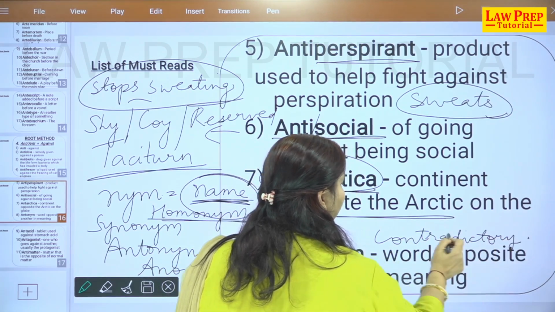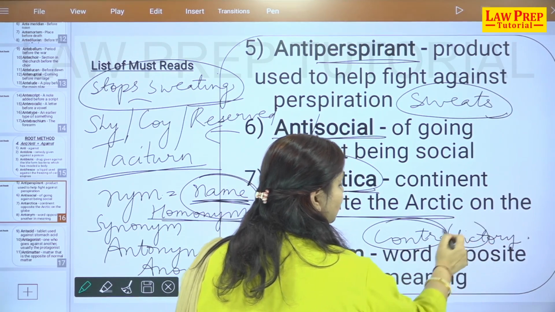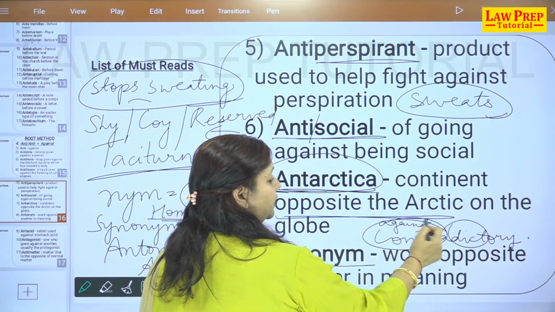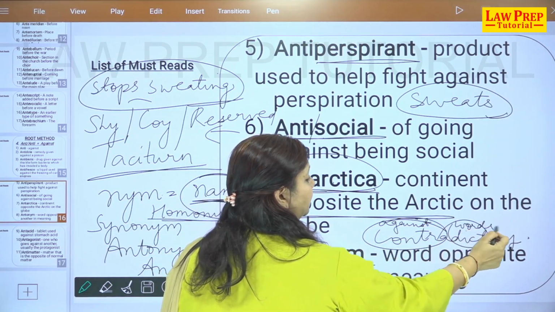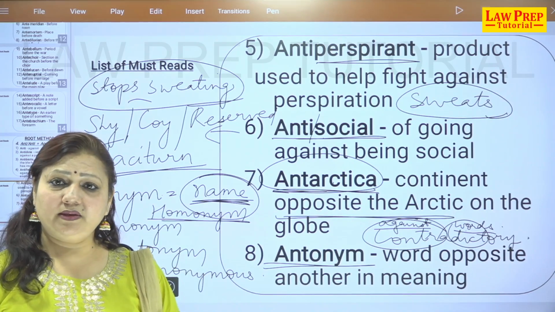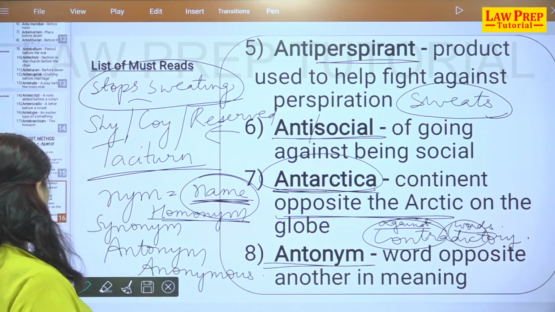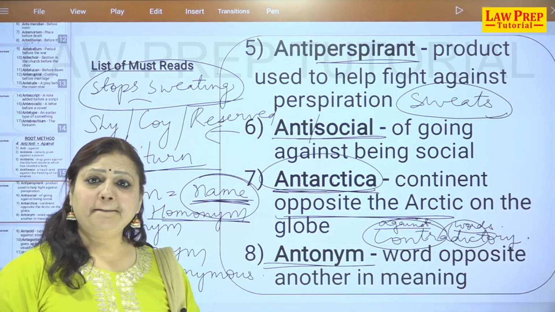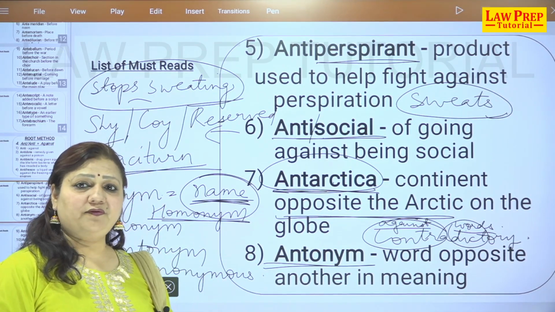See, the root again comes: contra is against, dict is words. So this is against, not in favor of, and this is words. So this is not in favor of those words, that is contradictory, opposite in the series, right? Okay, moving on to our next section. You've jotted down everything? Yes, fine.